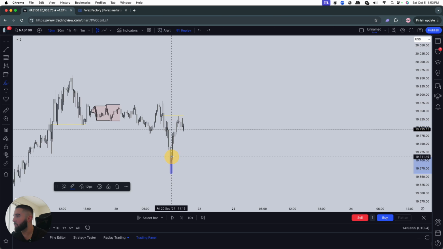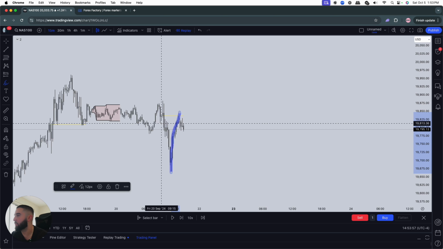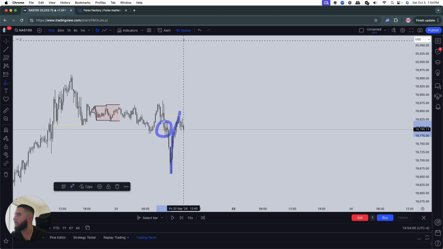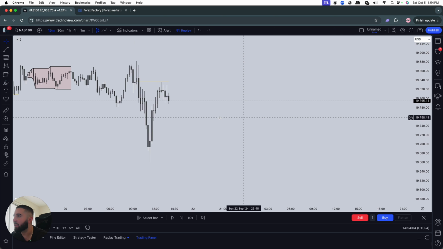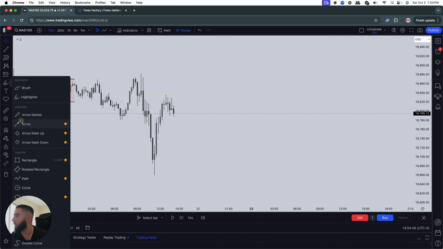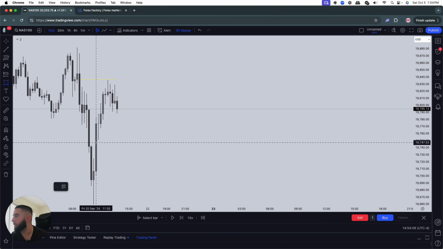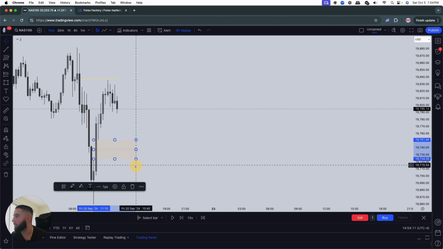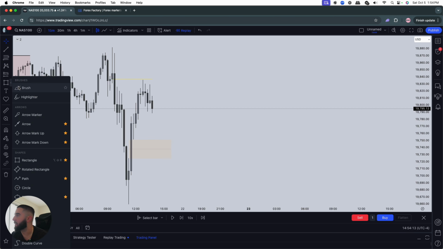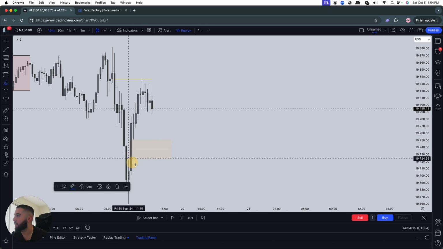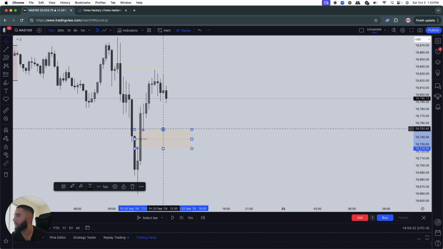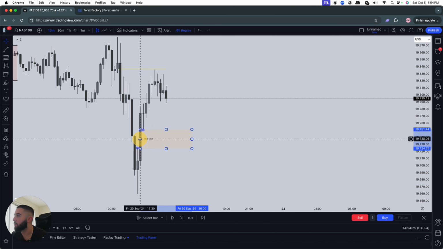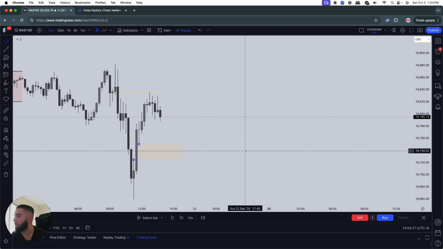And then here we get a really strong rejection and started pushing above, shifting structure above this supply zone. And so if you notice, what we left behind over here was a very nice imbalance area right here. What I'm looking at is this wick to this wick right here. So essentially, if price comes into that zone, we can look at that as a potential buy area.